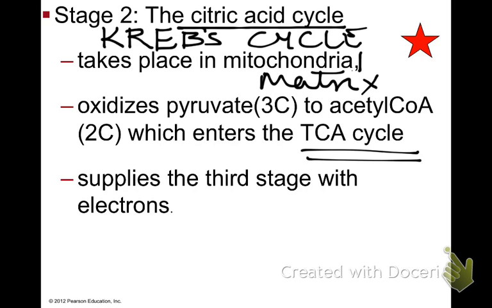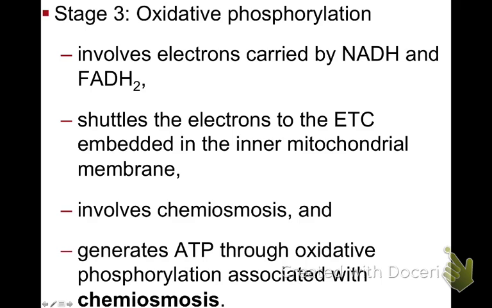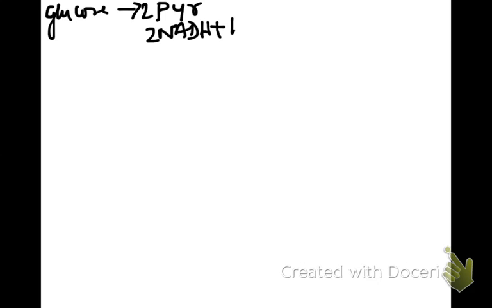Now, at the end of citric acid cycle, what do I get? So my glycolysis, this is my glucose to 2 pyruvic acid, 2 NADH plus H plus, 2 ATP.